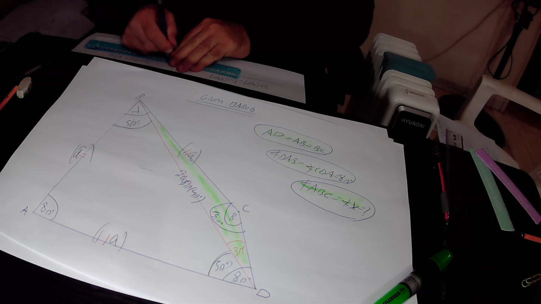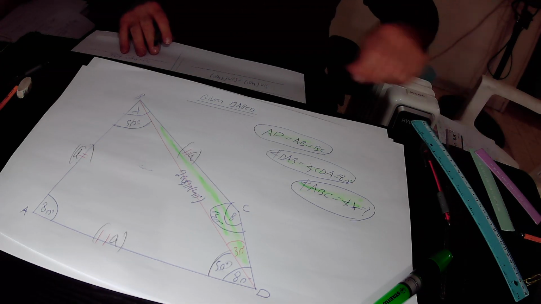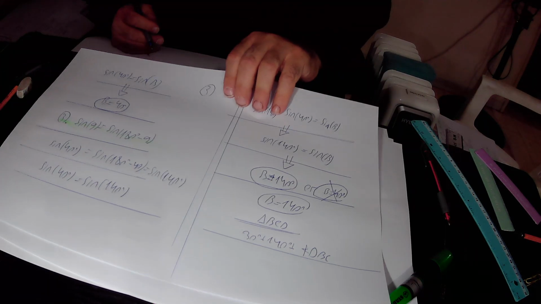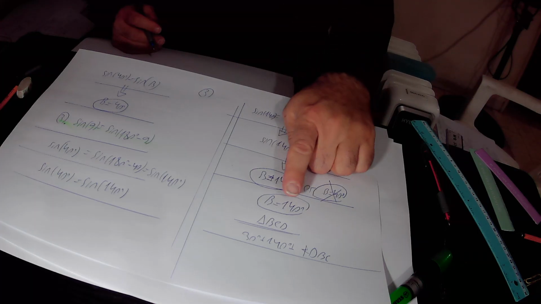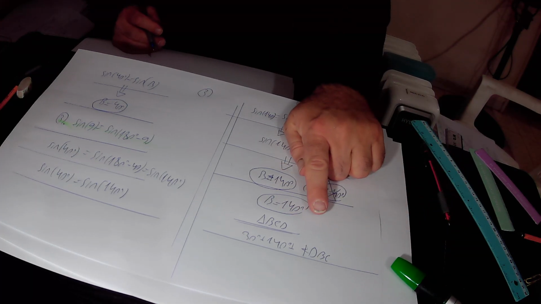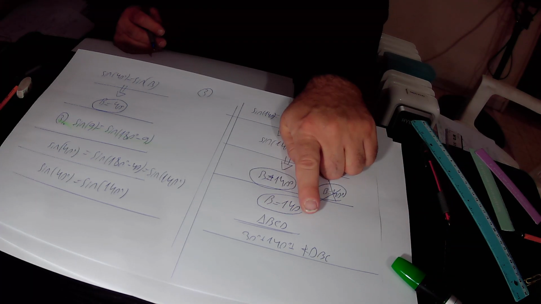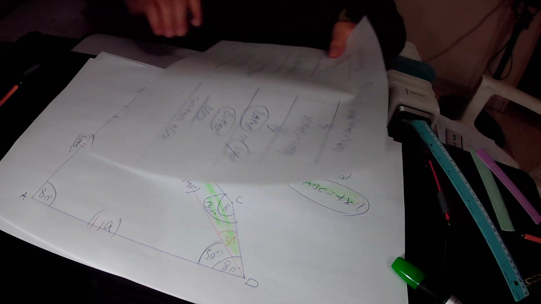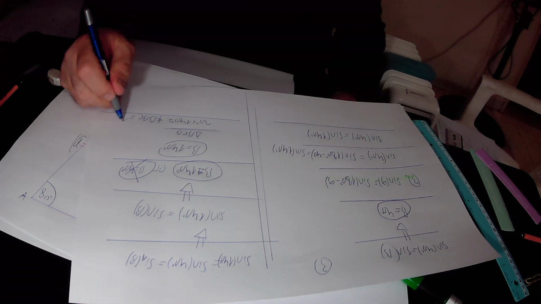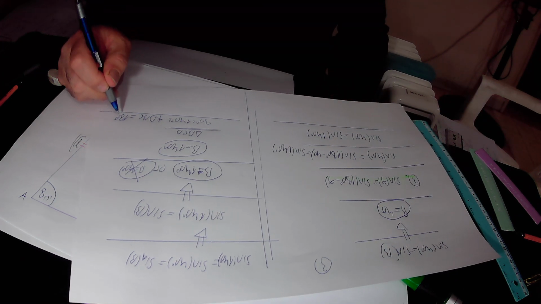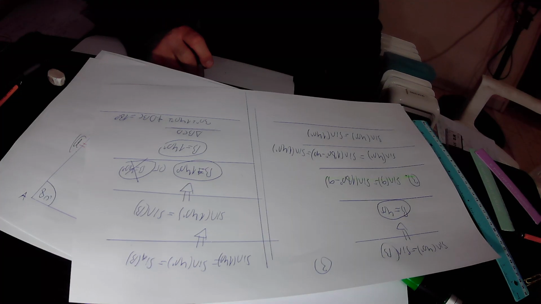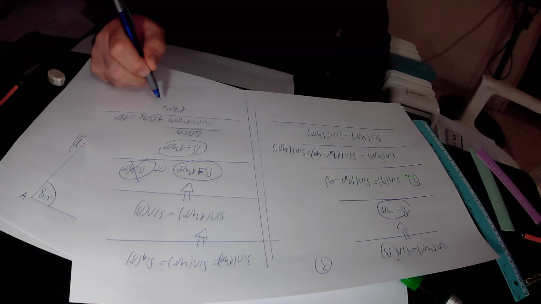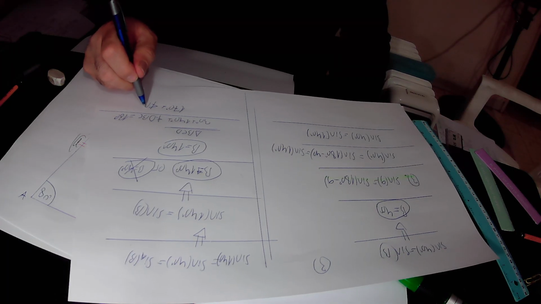In the green triangle BCD, 30 degrees plus 140 degrees plus the third missing angle DBC must equal 180 degrees. 30 degrees plus 140 degrees is 170 degrees, plus the third missing angle, which is angle DBC.